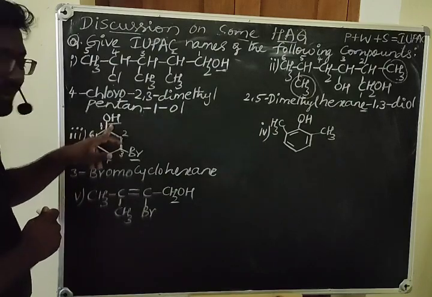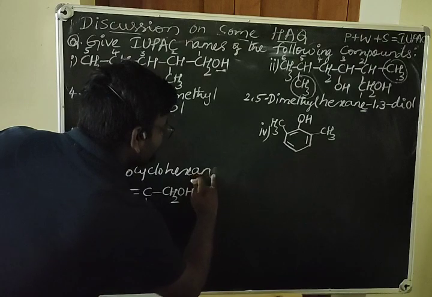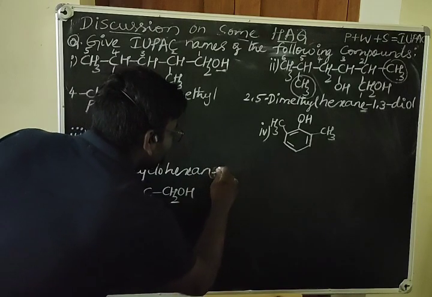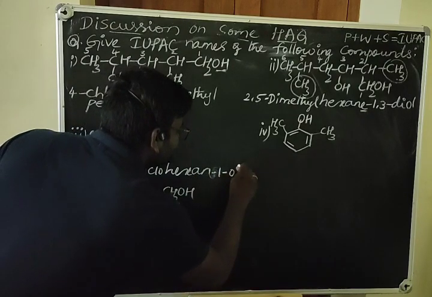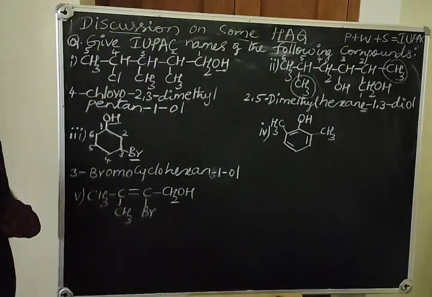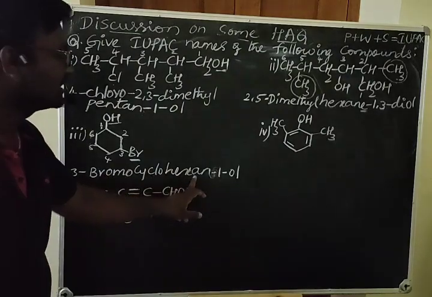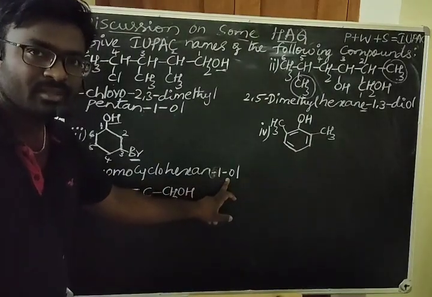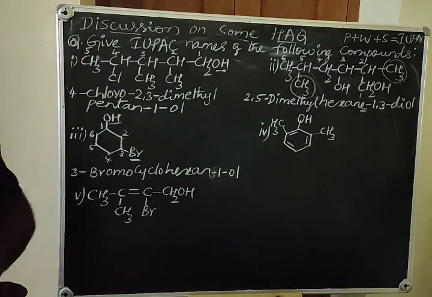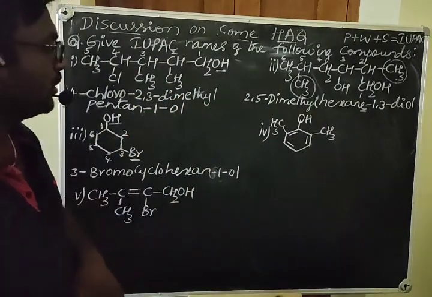See here, only one OH group is present, so now you have to replace the E with OL and its position is 1. Now the IUPAC name of this compound is 3-bromocyclohexan-1-ol. So like this you have to write the IUPAC name. Okay, come to the next compound.